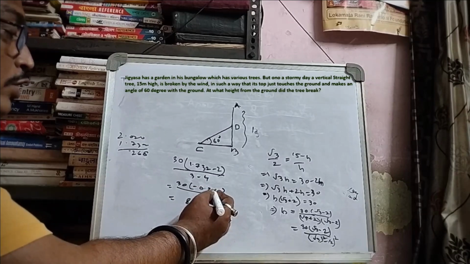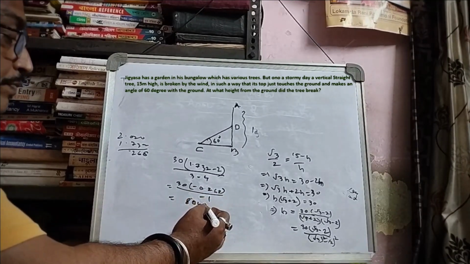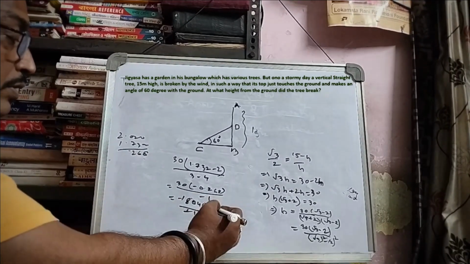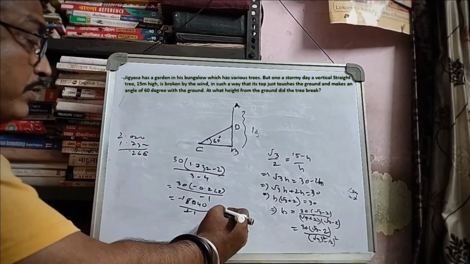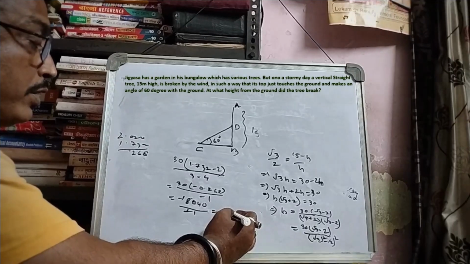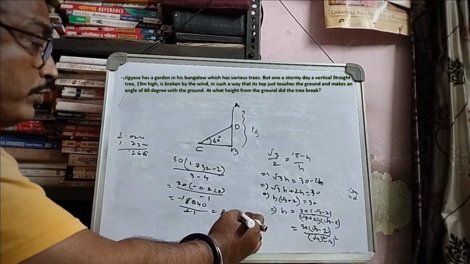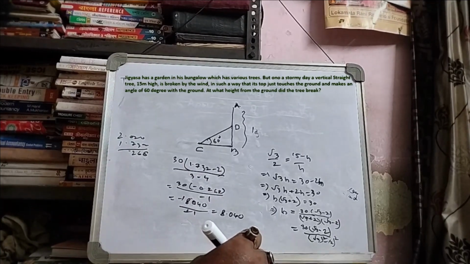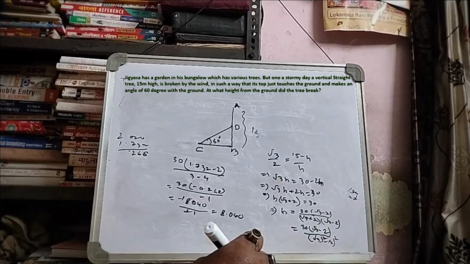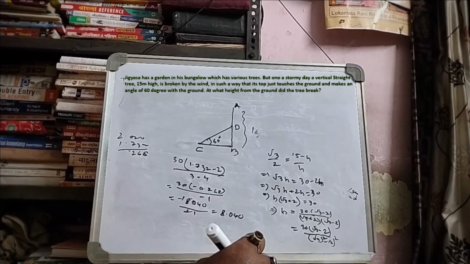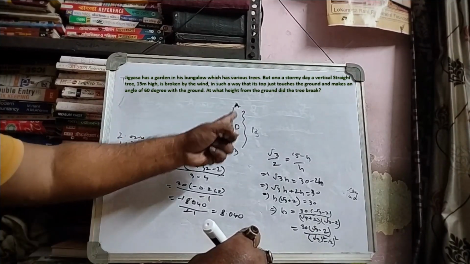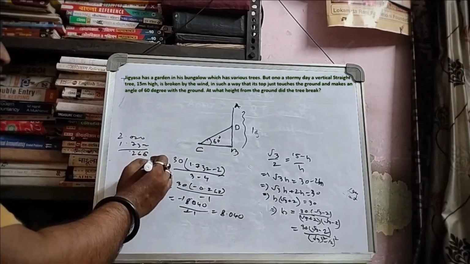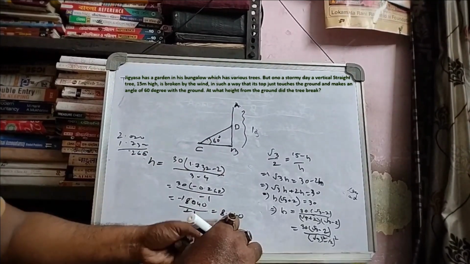One, two, three. 8.040. H means the broken part. We have calculated the broken part, that is 8.040.